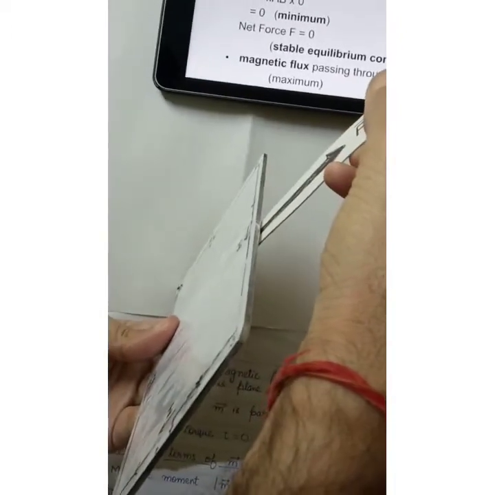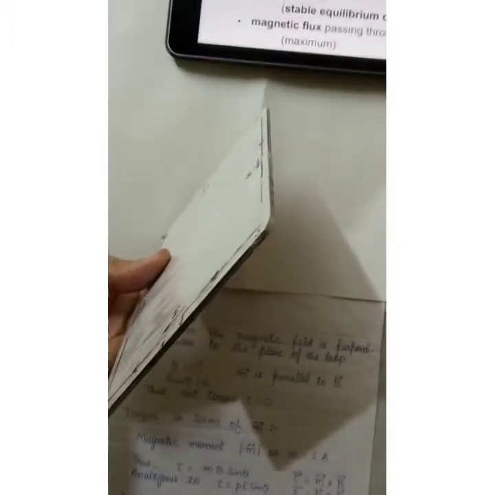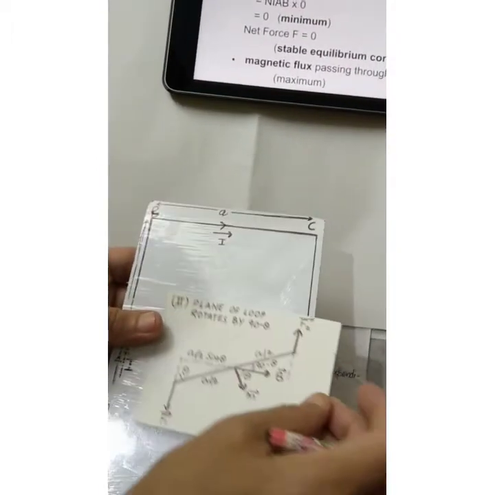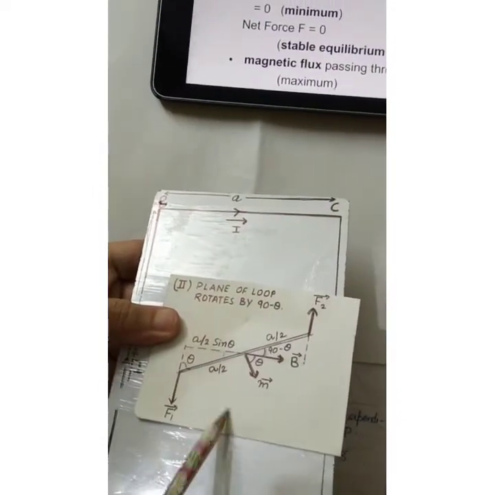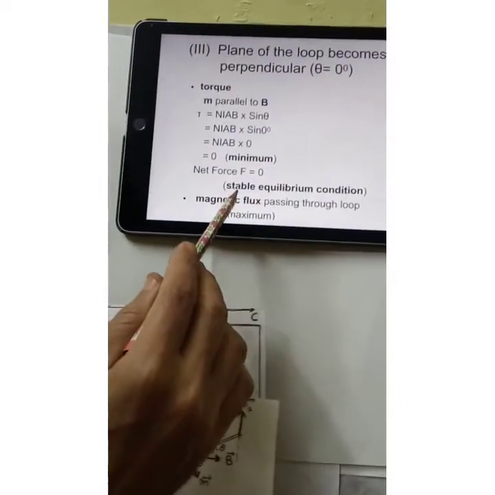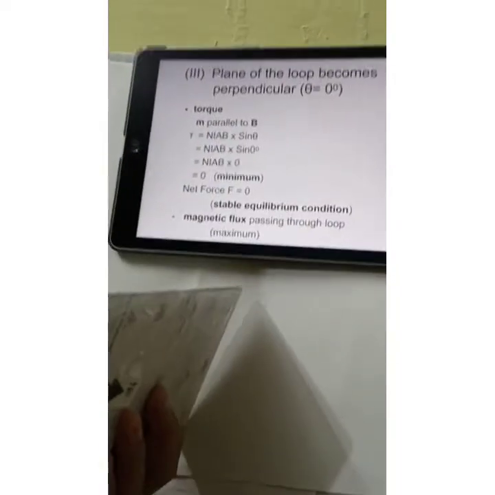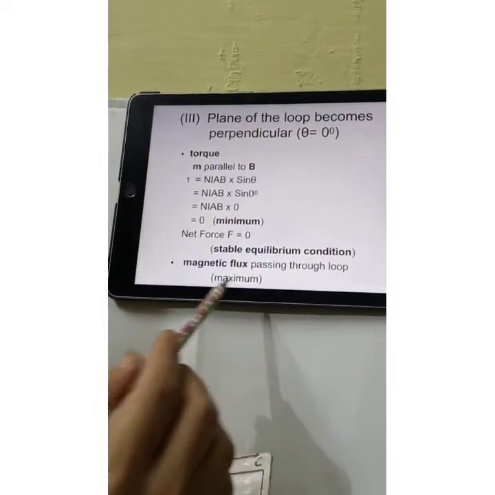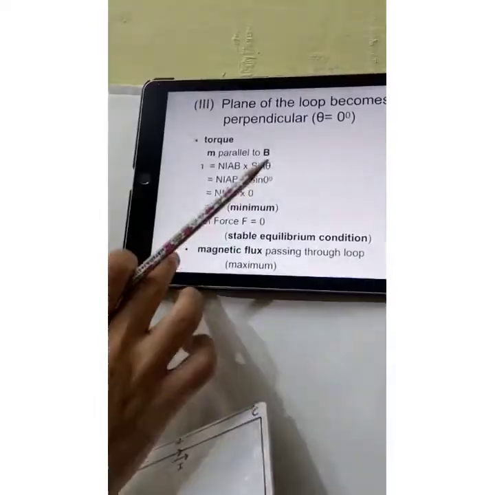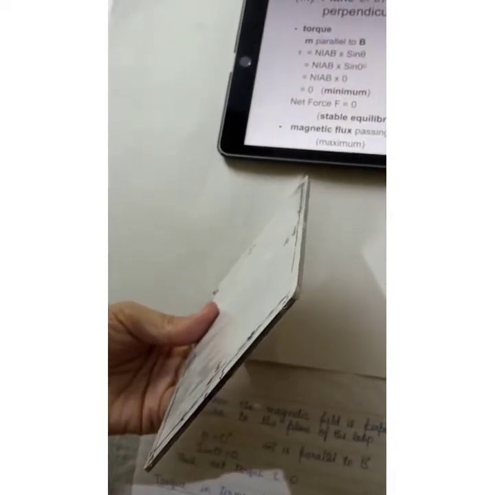When the loop becomes perpendicular, the forces cancel each other. Net force is zero. This is stable equilibrium condition. So the loop becomes in the stable equilibrium condition. Magnetic flux through the loop, in this case, is maximum, as the maximum number of magnetic field lines are passing.